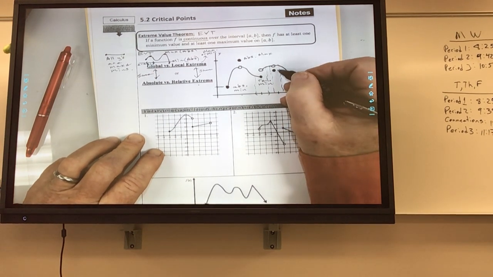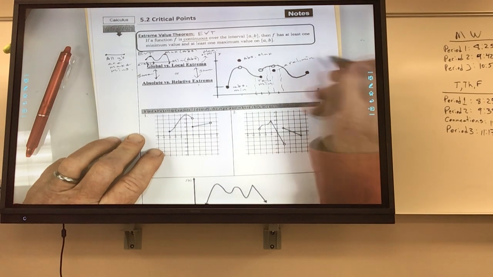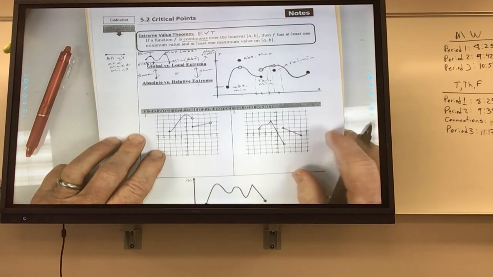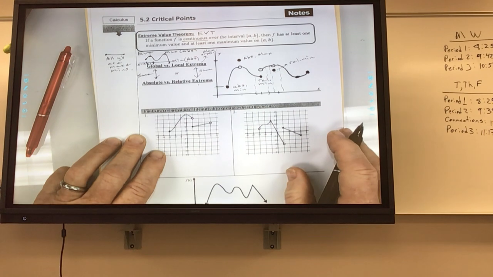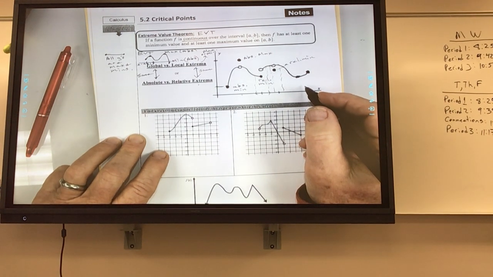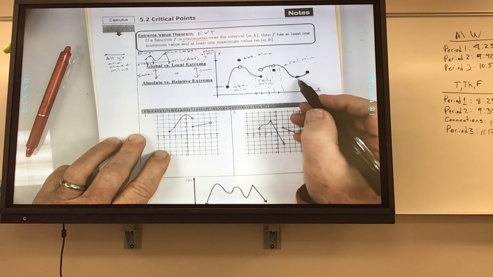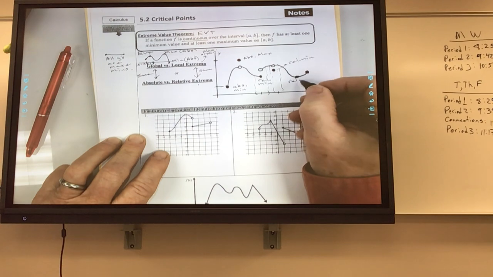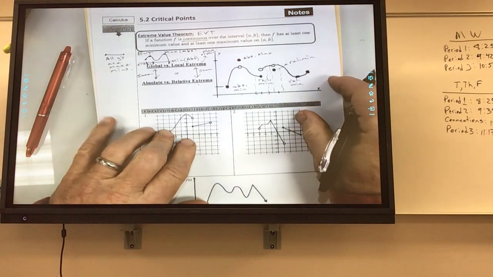Do a capital R, lowercase m, for minimum. I write it like that. All right, what do you notice about this? Here's another point that wasn't shown. What is this? Ella? Relative. Relative. All right.